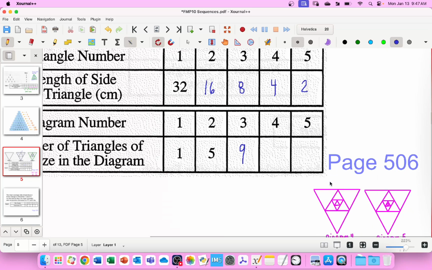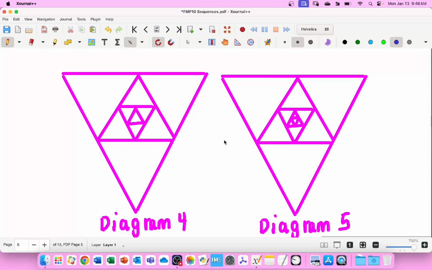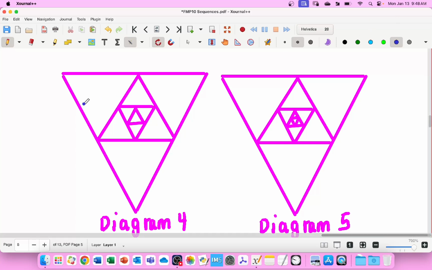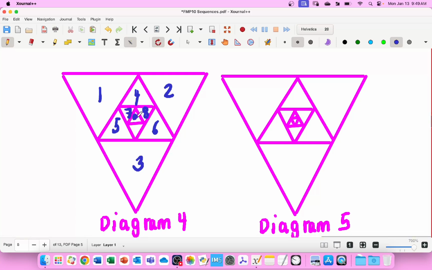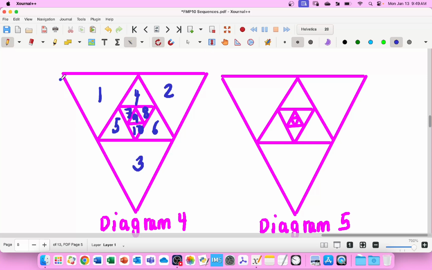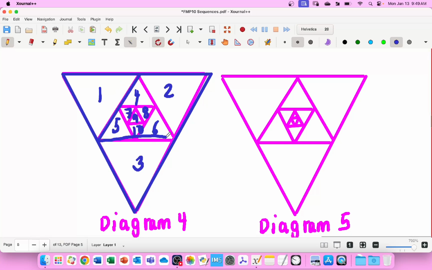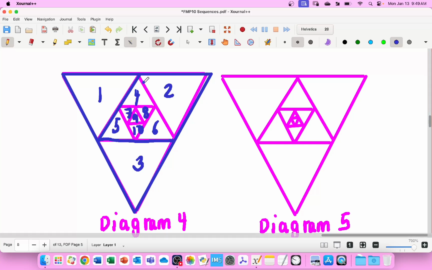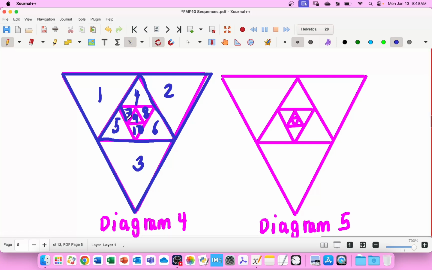Let's just double check down here. Let me count my regular little triangles. 1, 2, 3, 4, 5, 6, 7, 8, 9, 10. But then there's still 11, 12, and 13.